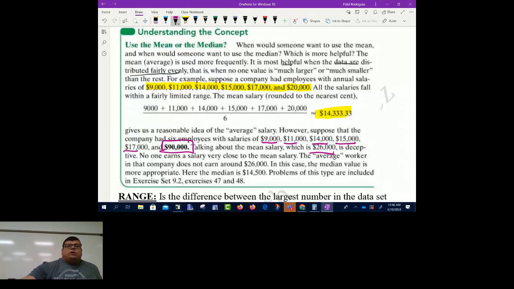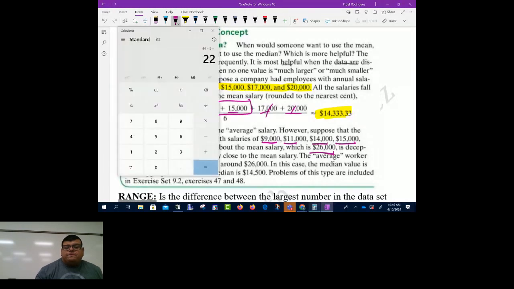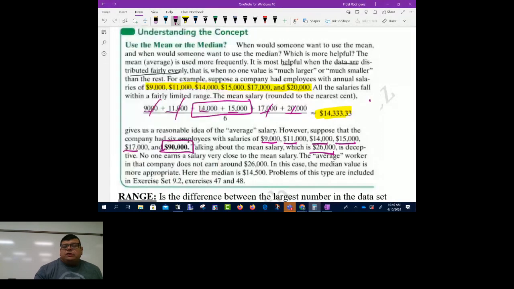But, y'all, I want to point something out. If we were to look for the median here, scratch the first and the last, this one and that one, the median would be the average of those two. So look, y'all, 14,000 plus 15,000 divided by 2. The median, y'all, is 14,500.